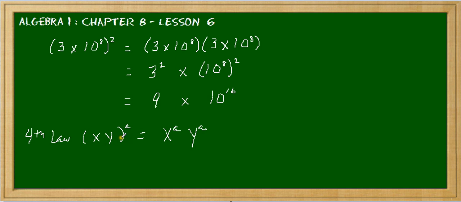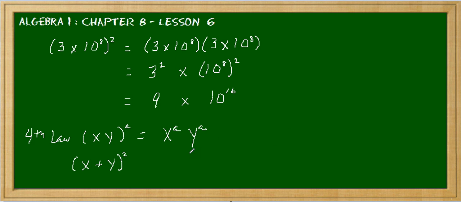Now again, we must be very, very careful here, and we'll learn more about this as we enter into polynomials. This is not the same as, and I'll tell you right now, x plus y squared. This is totally different. Let's put some simple numbers in here so we can see.